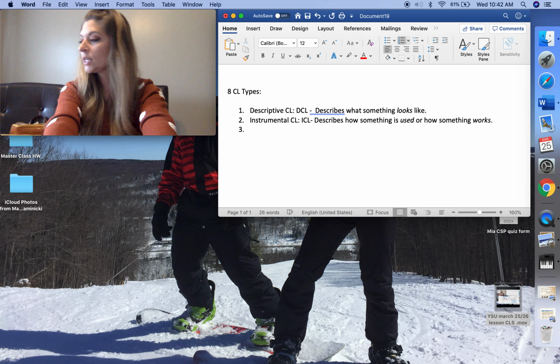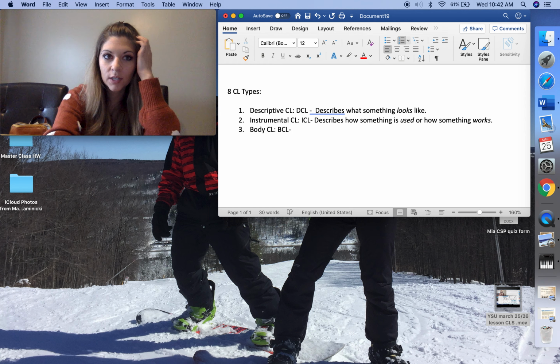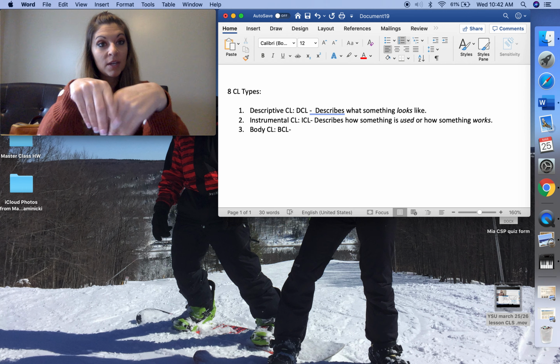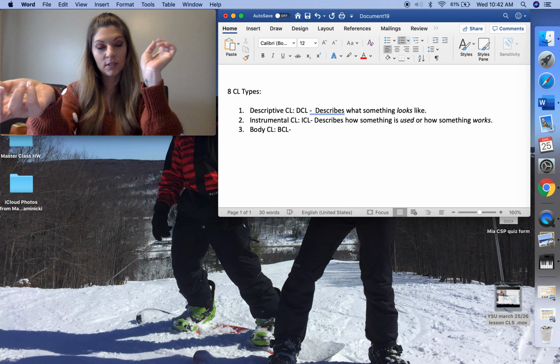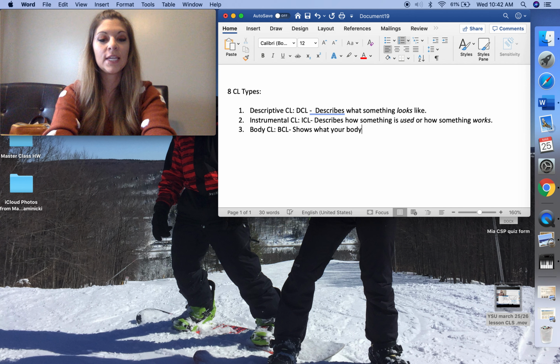Number 3 is a body classifier, BCL. This one often gets confused, but it's very simple actually, and this is where that pantomime and gesture changes the hand shape rule. So a body classifier shows what your body is actually doing.